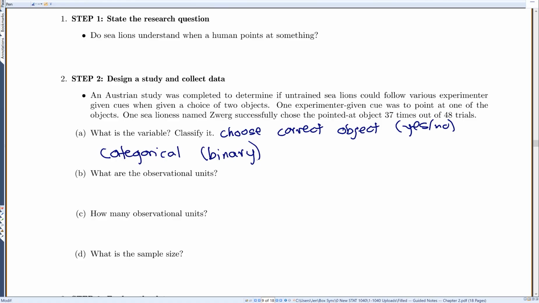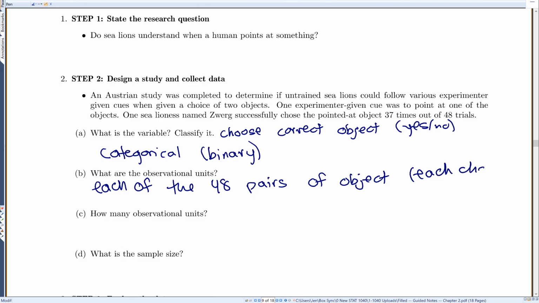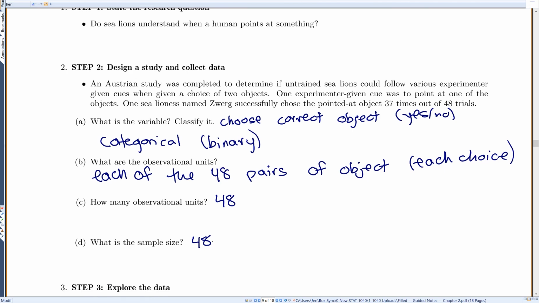It would be, let's see, each of the 48 pairs of objects, or each choice. So every time she makes the choice, she makes the choice 48 times. Let's see, how many observational units? Well, there's 48 times that she did it. What's the sample size? 48. So sample size means the same thing as how many observational units.